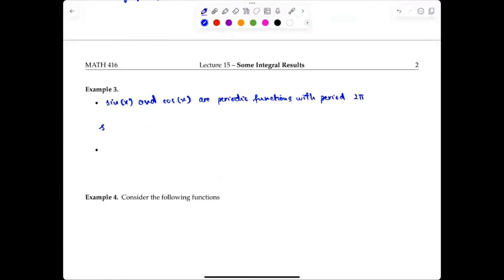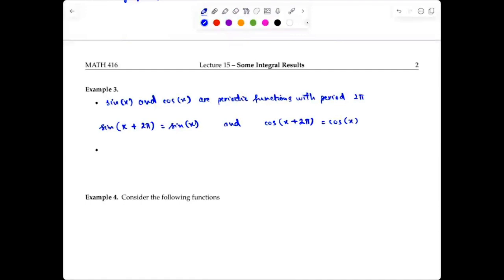Algebraically, this is what you can describe about the periodicity of the sine and cosine functions. So you have sine of x plus 2 pi equal to sine of x, and cosine of x plus 2 pi equal to cosine of x.